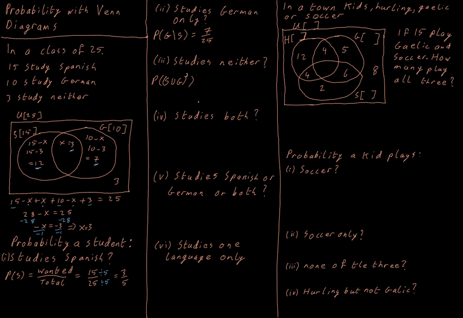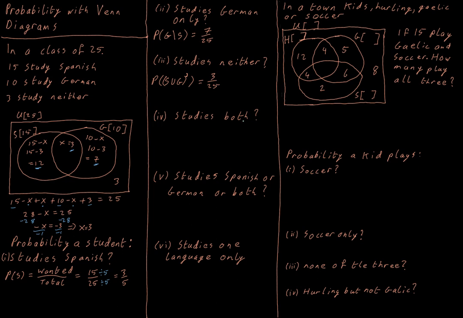It would be all of the people who don't study Spanish or German, and 3 people meet that criteria. So that would be 3 out of 25. Again, that doesn't simplify, so that's our job done.